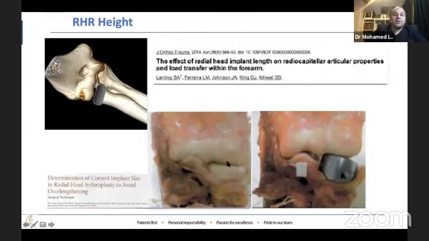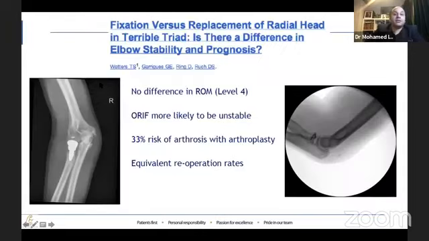This is the gapping, so that's how the radial head should be lying down, and that's an overstuffing of the radial head. Assessing the radial head in line with the coronoid, in this paper they said it's half a centimeter less. Simply, the end of your radial head shouldn't be beyond the joint line there.